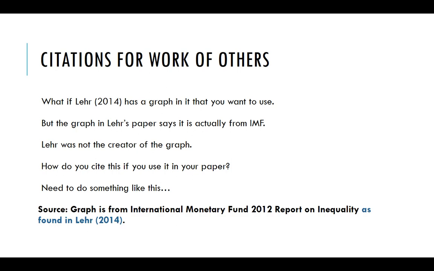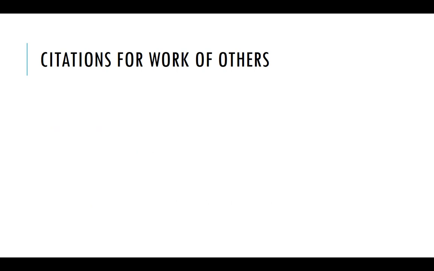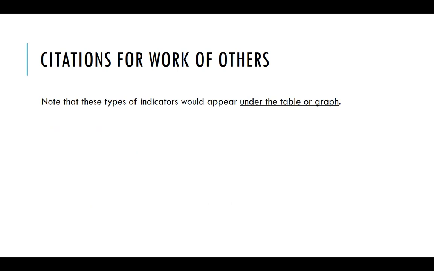Source graph is from the International Monetary Fund 2012 report on inequality as found in Lair 2014. So again, will we be using this in our class? No. But it's still a good idea to understand when and how to cite the work of others. Note that these types of indicators would appear under the table or under the graph.